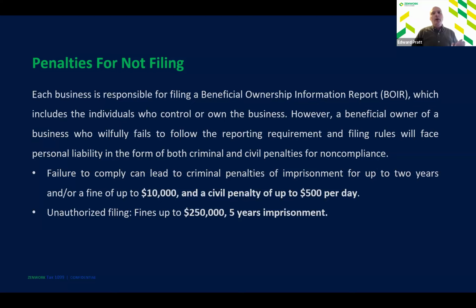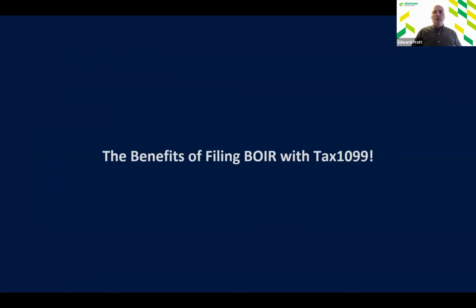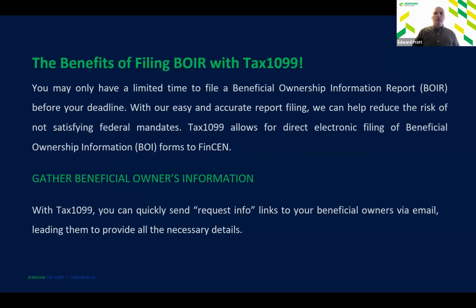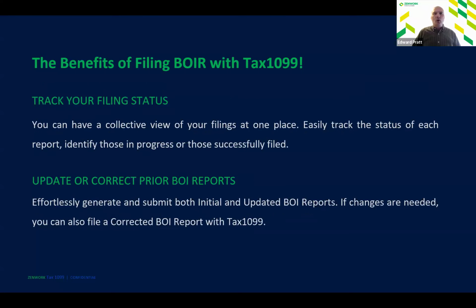All right, so we're going to go and see how we can do this process, how we can go into Tax 1099 and do the filing. There are some slides here that talk you through some of the benefits of filing through Tax 1099, giving you an ability to gather the beneficial owner information. We'll see how this works in the process, tracking the status, updating and correcting the prior reports.